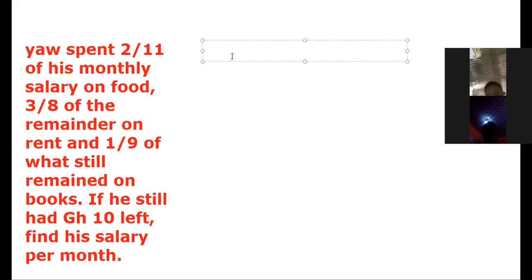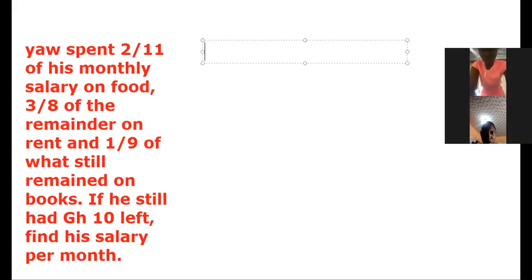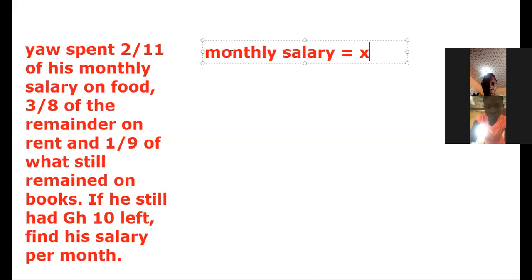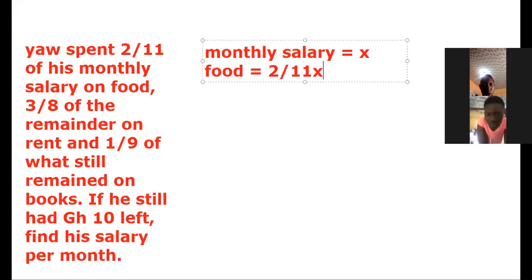So we represent that one with X. So the monthly salary, that's the total, is equal to X. Now, Yao spent 2/11 of his monthly salary on food. Therefore, food will be equal to what? 2/11X.